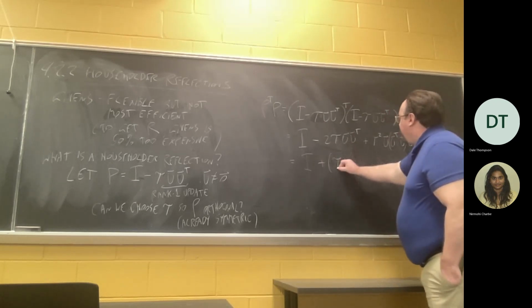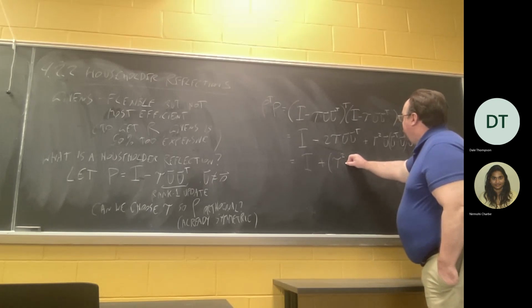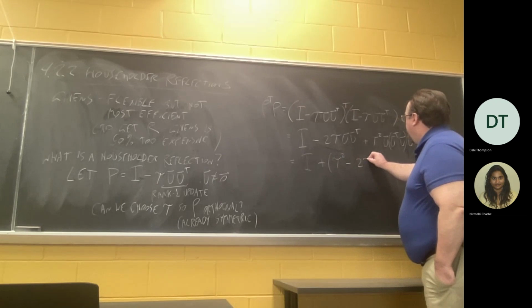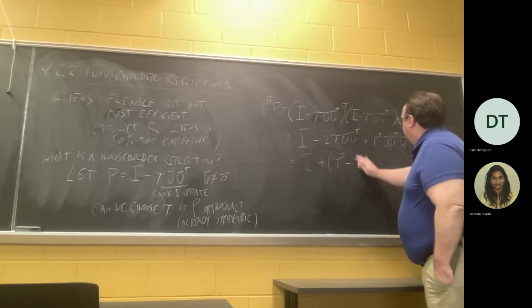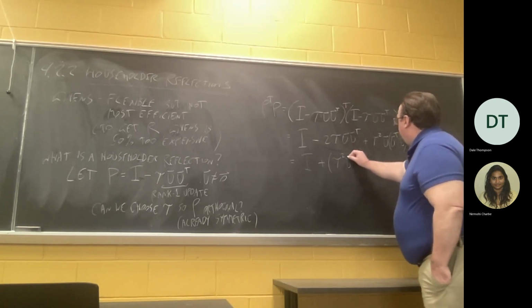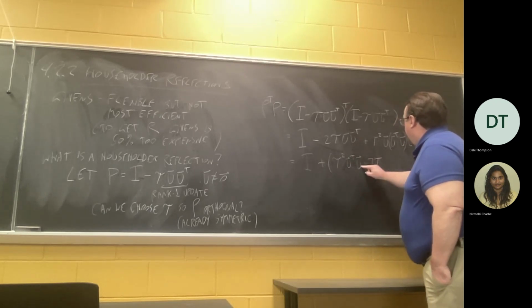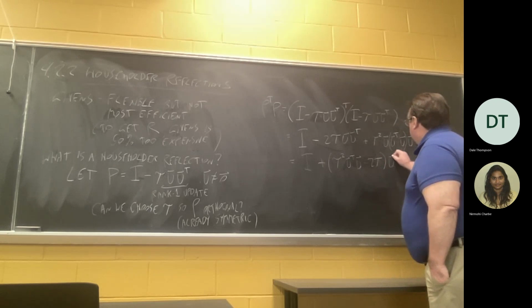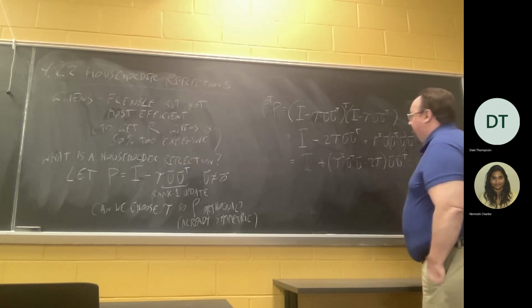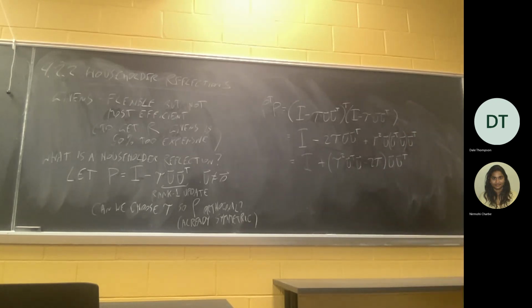So I have (tau squared U transpose U minus 2 tau) times UU transpose. Now, I want this whole thing to equal identity.